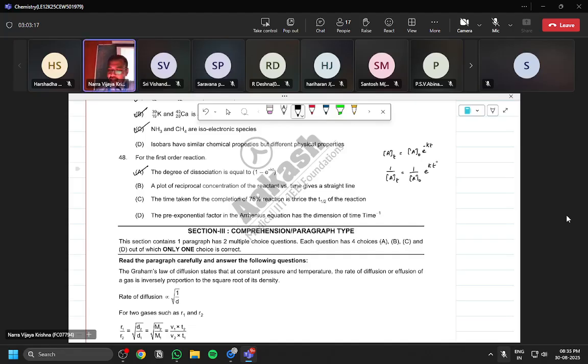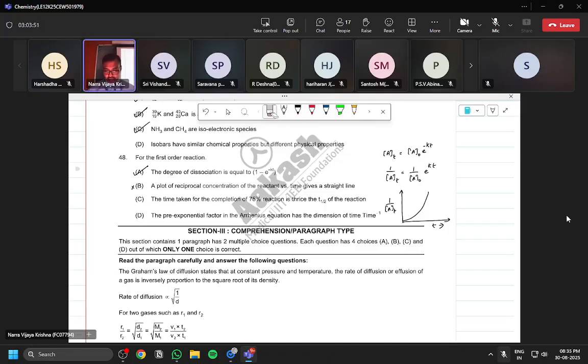So I am plotting a graph between 1 upon At versus t. How is the graph? As t increases, this total value increases exponentially. So the graph must be an exponential increase. Are you getting a straight line or an exponential curve? So that is wrong.